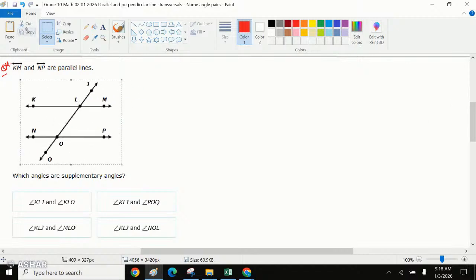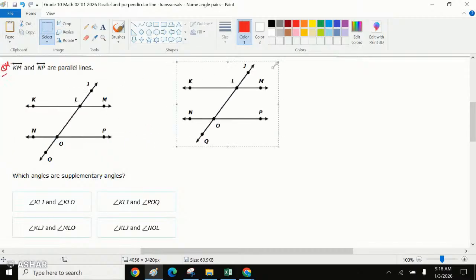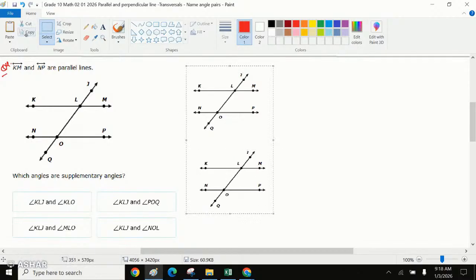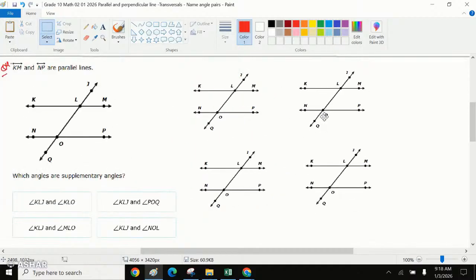Sorry, copy paste. The first option, second, third, and fourth, right? We have these 4 options over here. Okay. So if we want to see which one is, let's start off with the last one first.